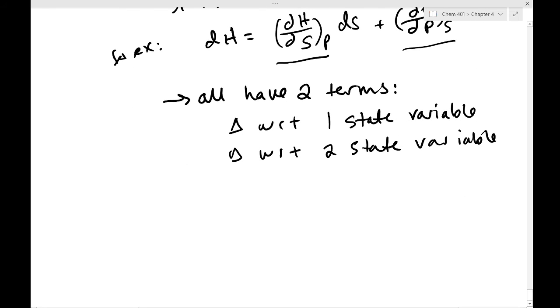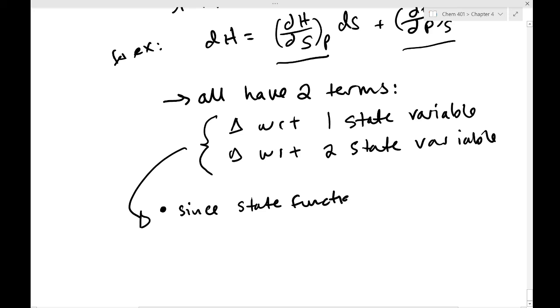One thing to note here is that for these two changes, since this is a state function, it doesn't matter which change happens first.